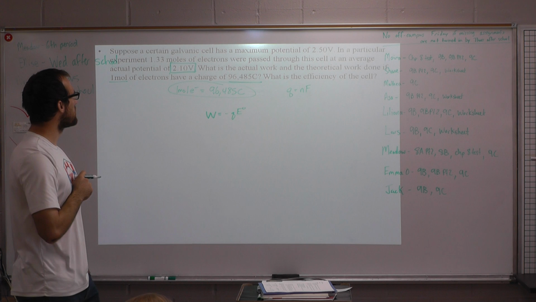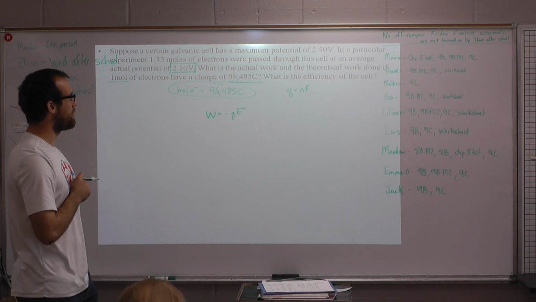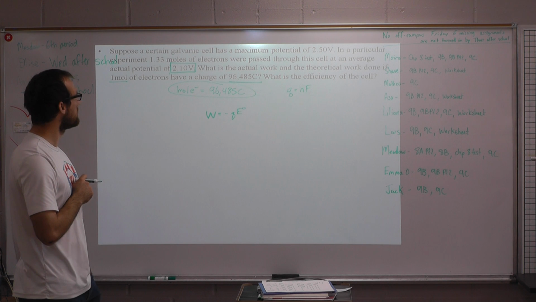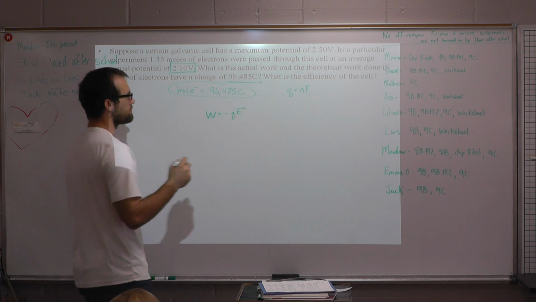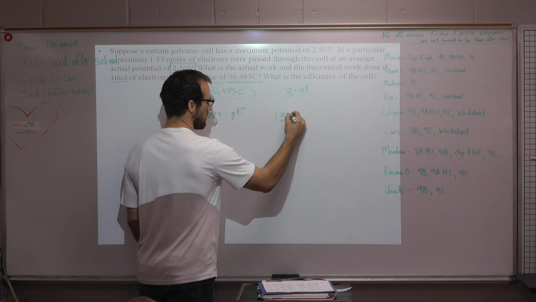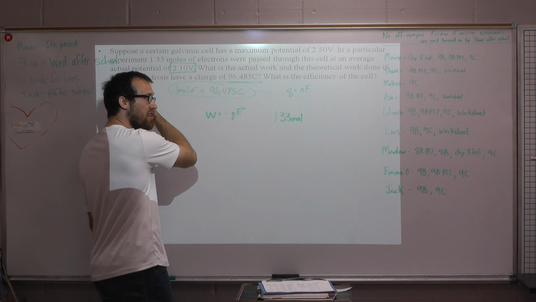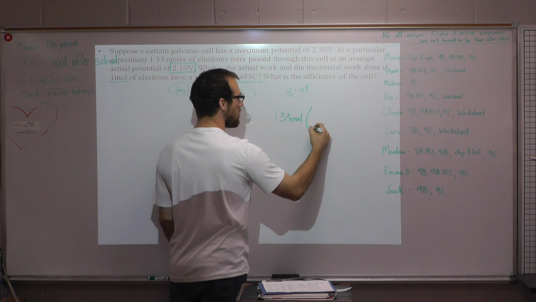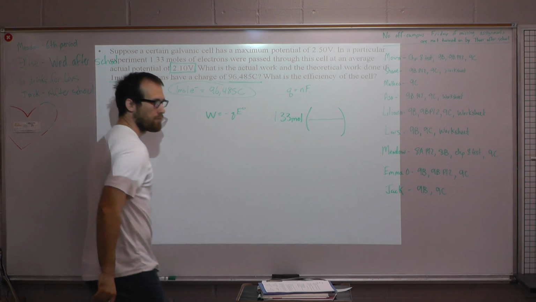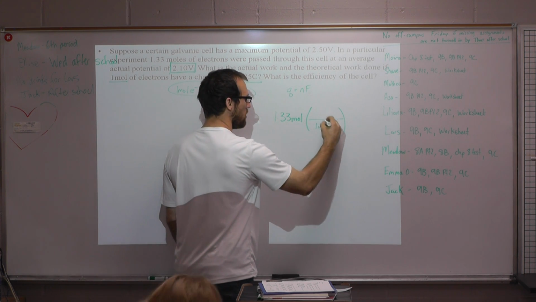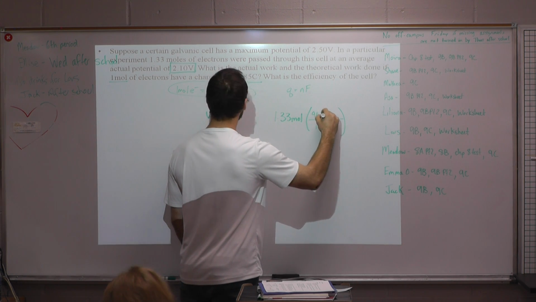Okay? So in this particular problem, it told us we had how many moles of electrons? 1.33 moles of electrons. Well, I want to know the charge of those electrons. So we're going to multiply it by the farad. So for every 1 mole, I have this much charge.